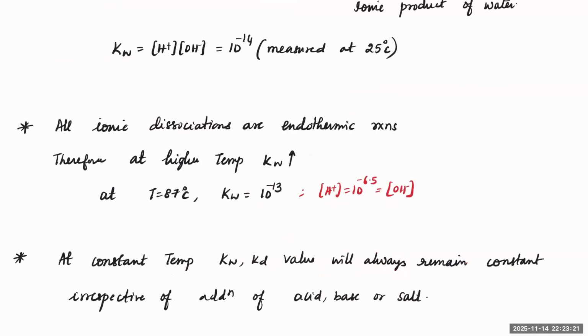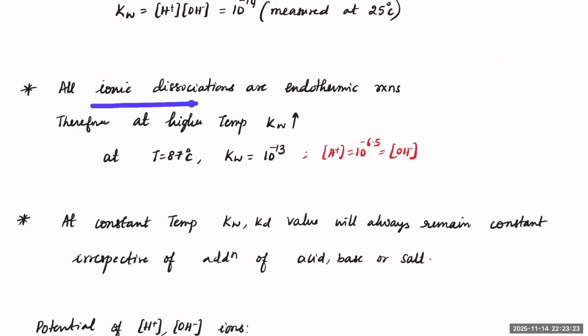Now listen, all ionic dissociations are exothermic reactions because they are forming ions. Do you think ions are usually stable? No, they will again come back and try to go back to the reactant. But you are forcefully providing heat to increase the ion concentration. So unless heat is provided, you cannot expect more ions to form.